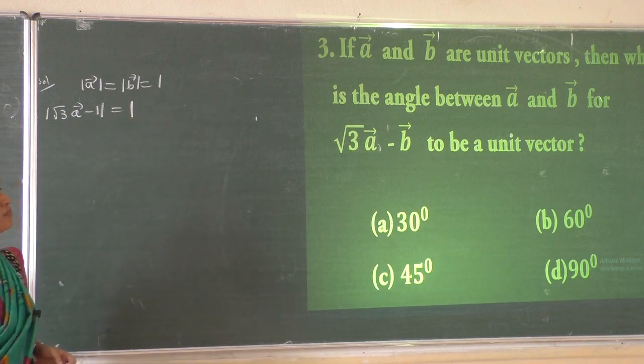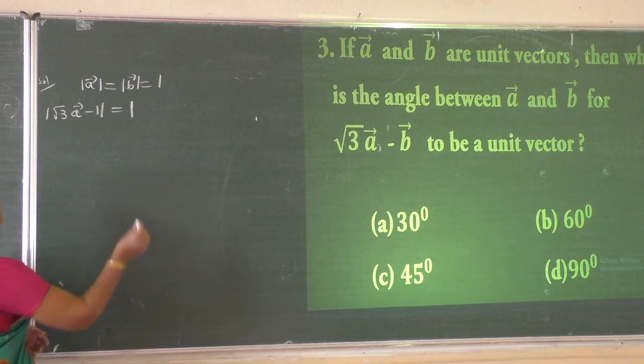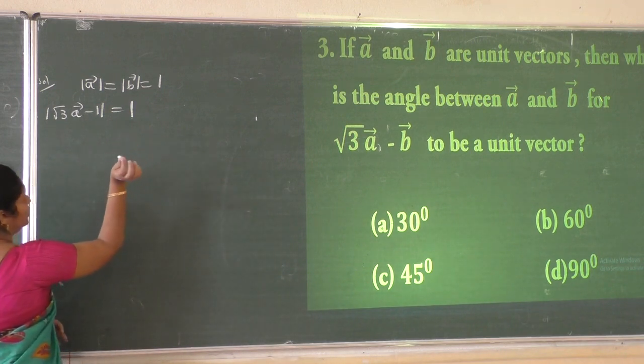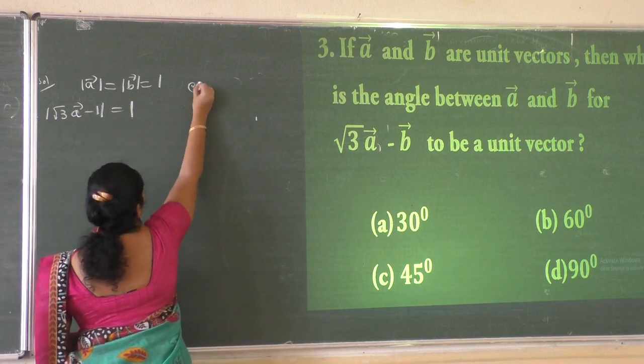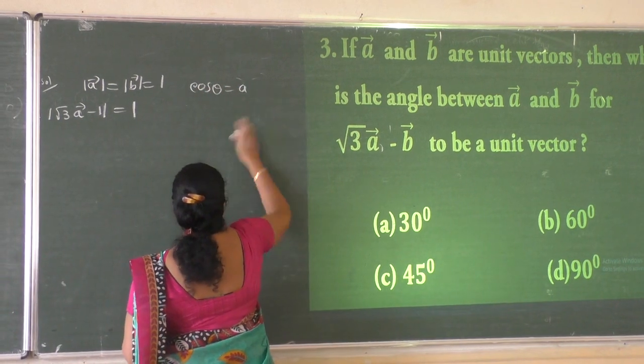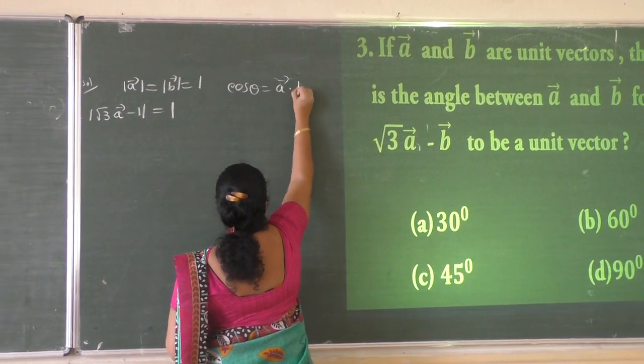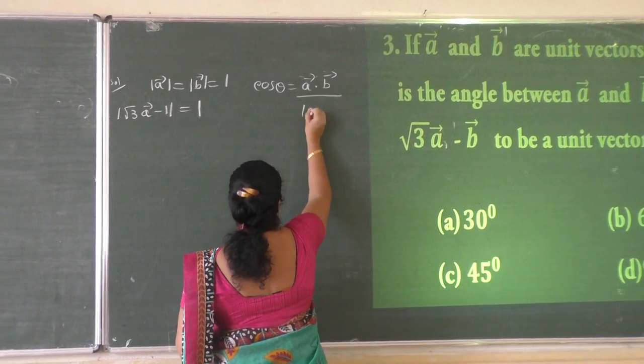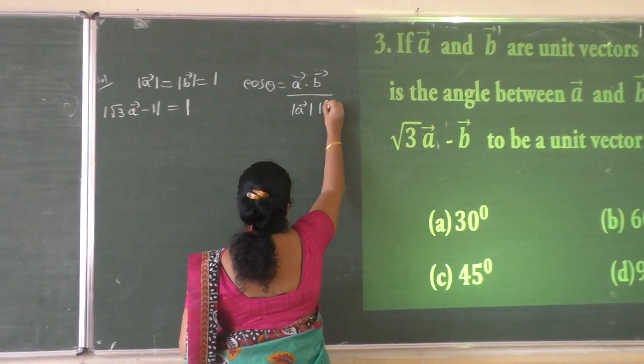Then what is the angle between vector A and vector B? The formula for the angle between two vectors, I am using the same formula: cos theta is vector A dot vector B by magnitude of vector A, magnitude of vector B.